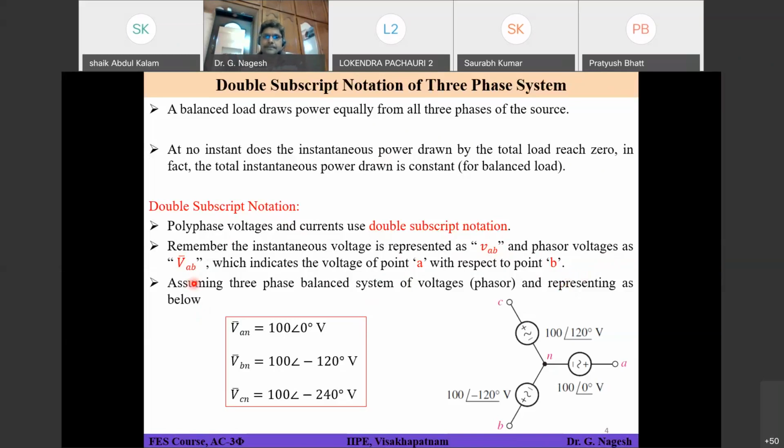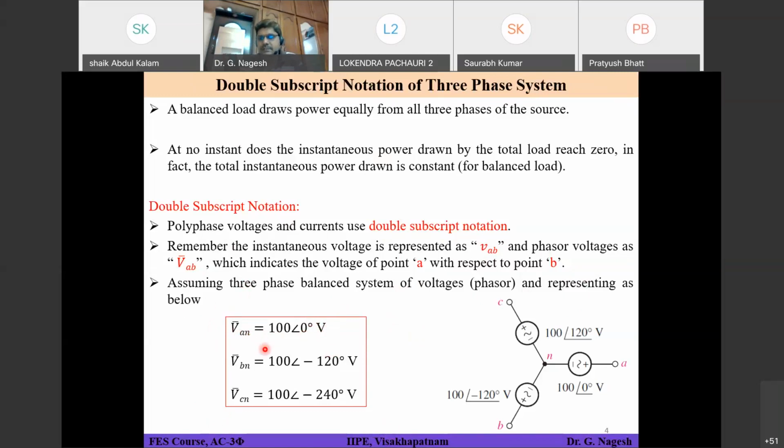Assume a three-phase balanced system of voltages represented as below. Remember, these are phase voltages. VAN phasor is equal to 100 at an angle of 0 degrees volts. So this is basically the phase voltage.